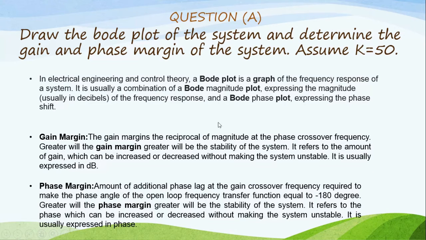For part A, we need to draw a Bode plot of the system and determine the gain and phase margin of the system. Assume K equals 50 in the equation given just now. So what is the Bode plot? A Bode plot is a graph of the frequency response of a system.